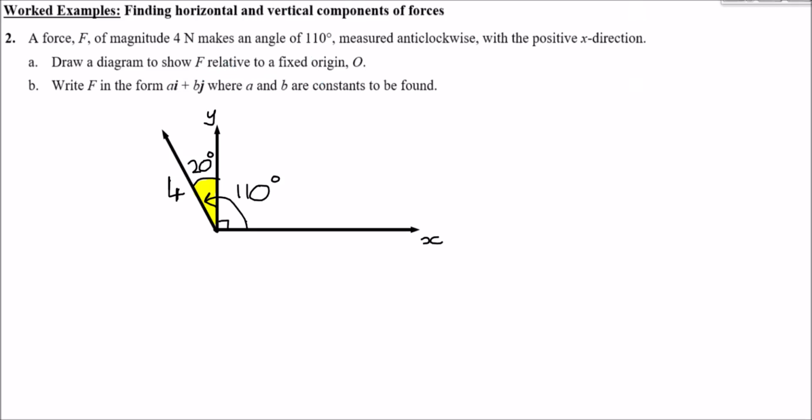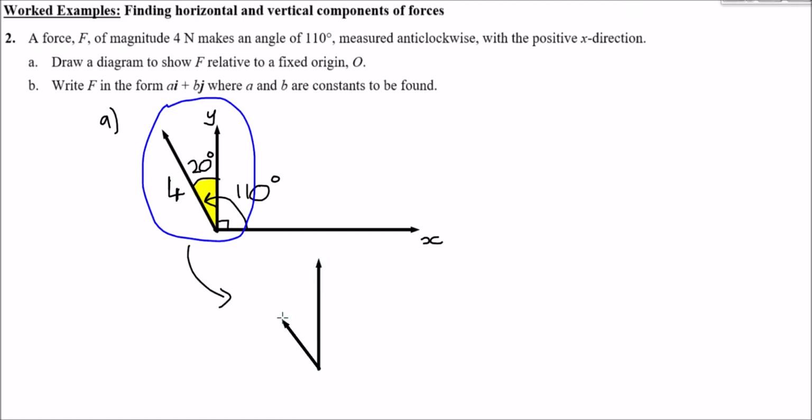So what I want to do here is just to zoom in on this bit of the diagram before we do part B. So that's part A done. Part B, otherwise the diagram's going to get slightly too crowded. So this is 20 degrees. That was 4. So we can now split this into components.